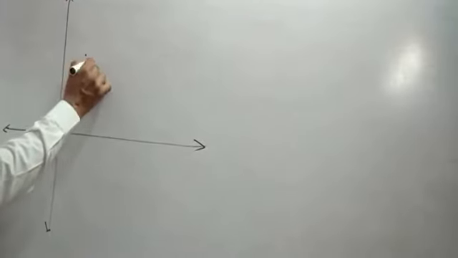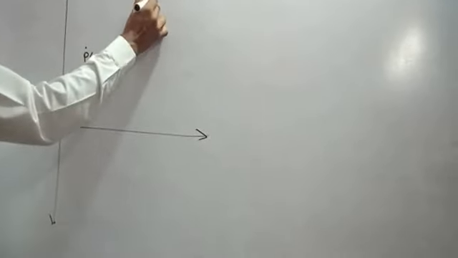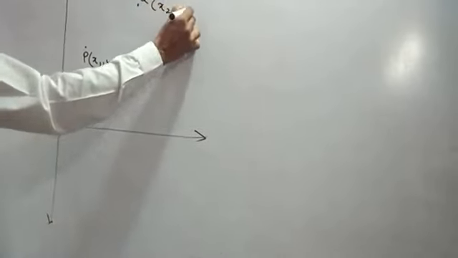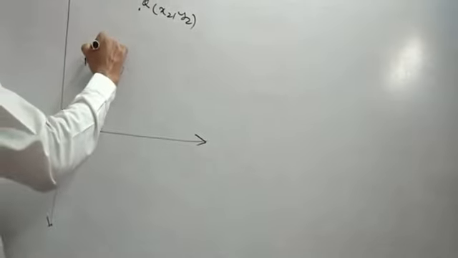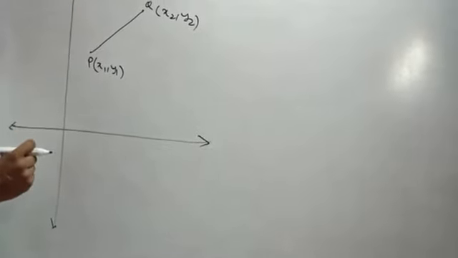Consider point P, say (x1, y1), and point Q, say (x2, y2). We need to find the distance between these two, PQ, the length of this line segment.